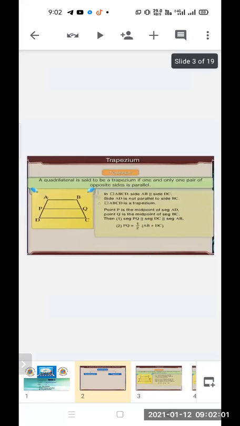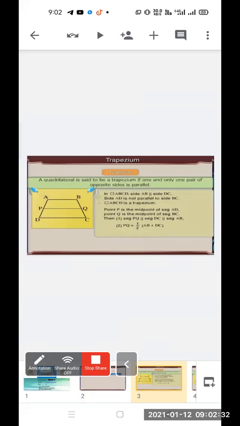So here we have seen that a trapezium is a quadrilateral in which only one pair of opposite sides is parallel. You can look at this figure. In the figure, ABCD is a quadrilateral in which AB is parallel to side DC. So in a trapezium, only one pair of opposite sides is parallel.